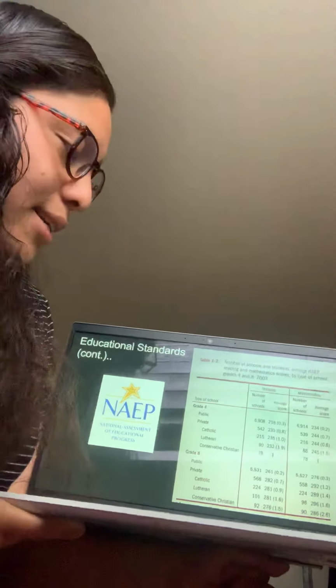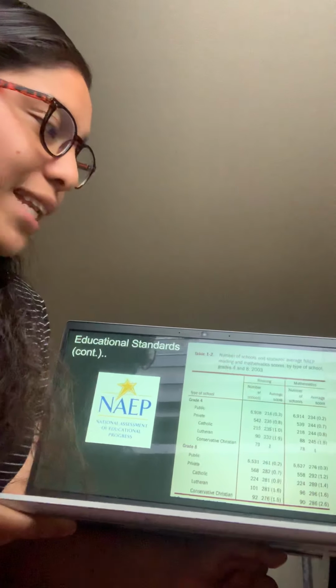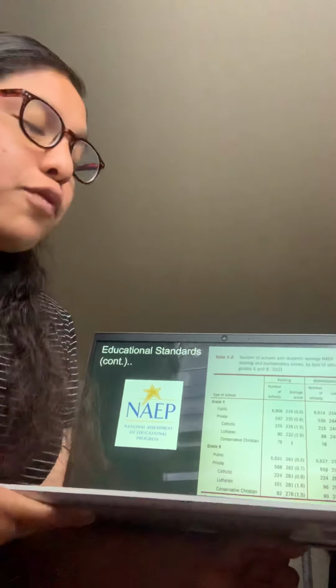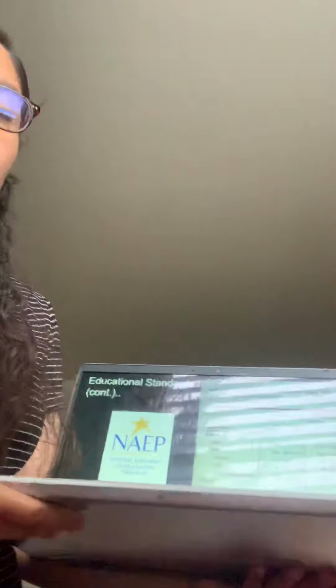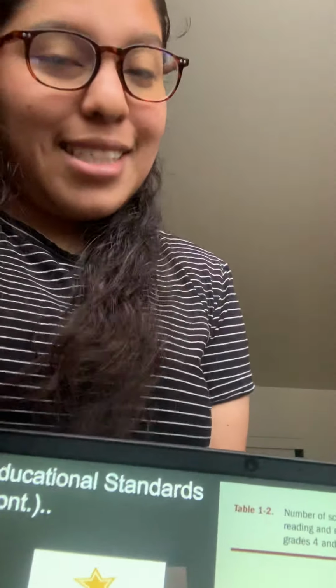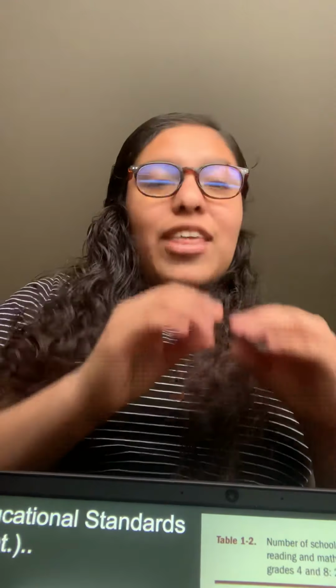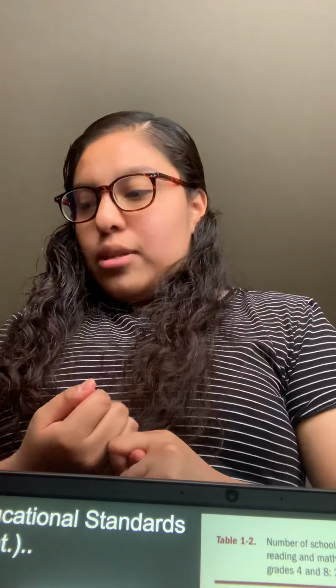For mathematics, public schools received an average score of 234, while private schools, 244. So here we simply see that there is a distinction between test scores, which ultimately is backed by curriculum. And then these test scores can greatly affect higher education.